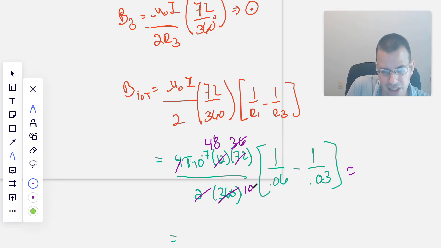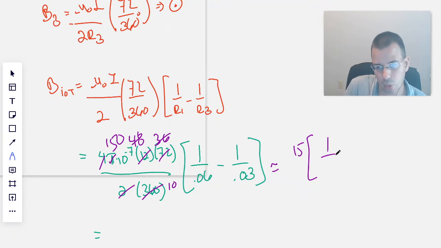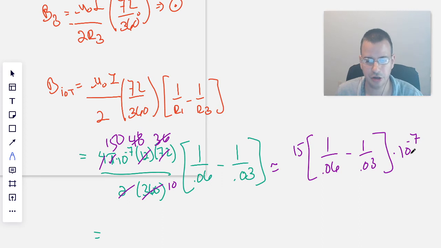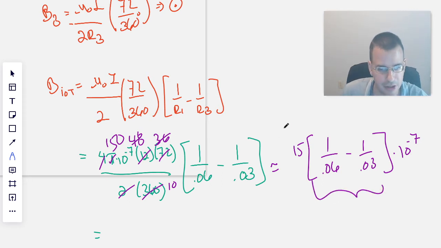So 150 divided by 10 is 15. So we have 15 times 1 over 0.06, which I'm not going to try and do in my head. If I was a better person, I would, but I'm not going to. And this is times 10 to the negative 7th. All right, so I'm going to go to Wolfram to solve this part.